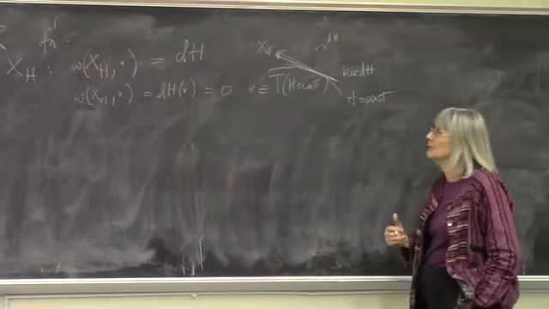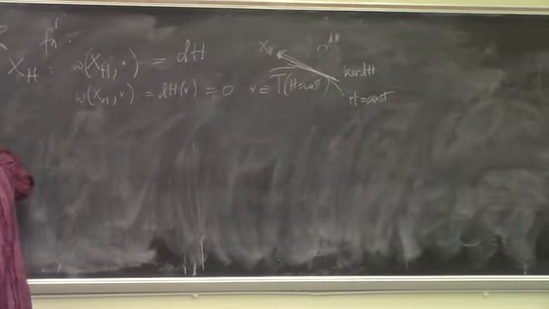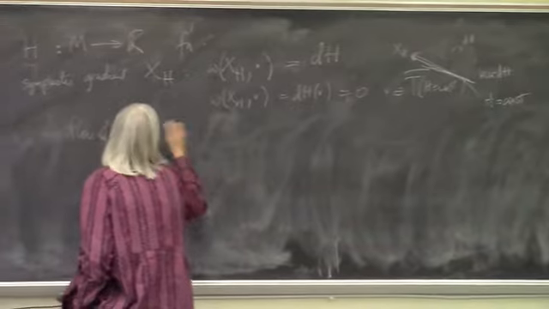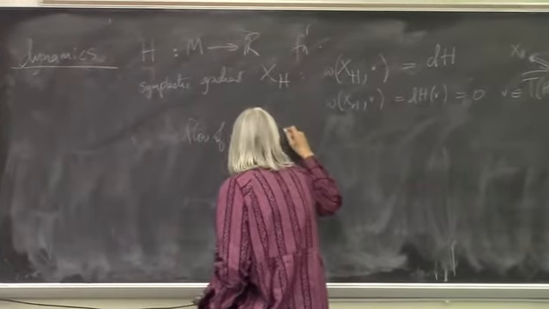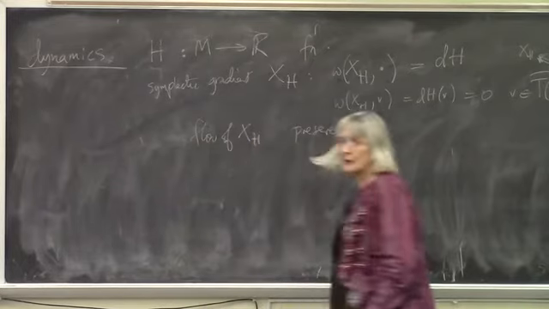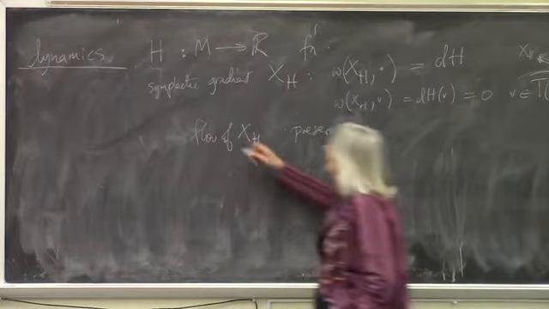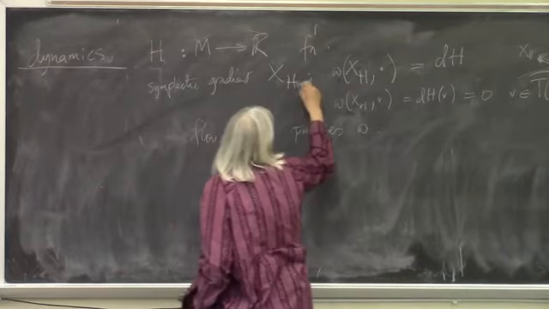And in fact, if you look at the flow of X_H, it preserves omega. So you get lots of symplectomorphisms this way. These obviously preserve the level sets of this function, but you can get more general ones by allowing H to depend on time.